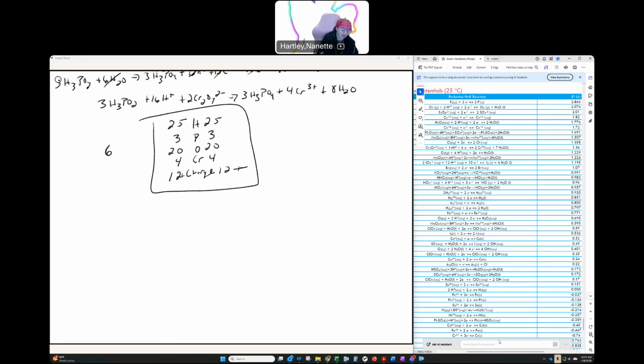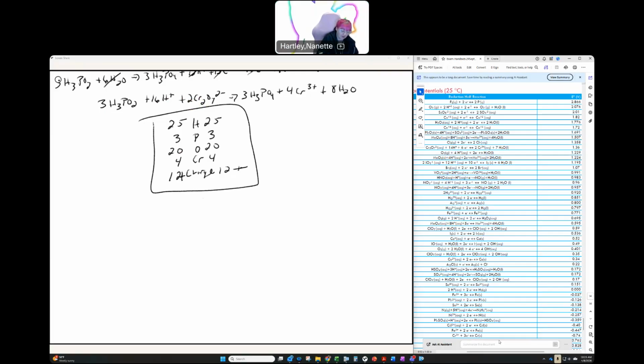And then I have over here 14, which gives me the 20. Okay, just making sure I remembered what that number was. I see that I have 2 times 2, 4 chromium. And then my charge on this side of the equation is 16 plus negative 4 gives me plus 12. So that's 12 plus, that's right here.